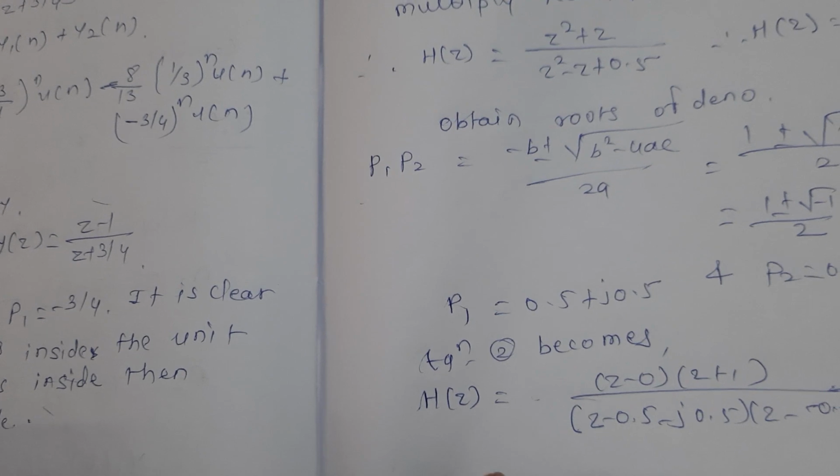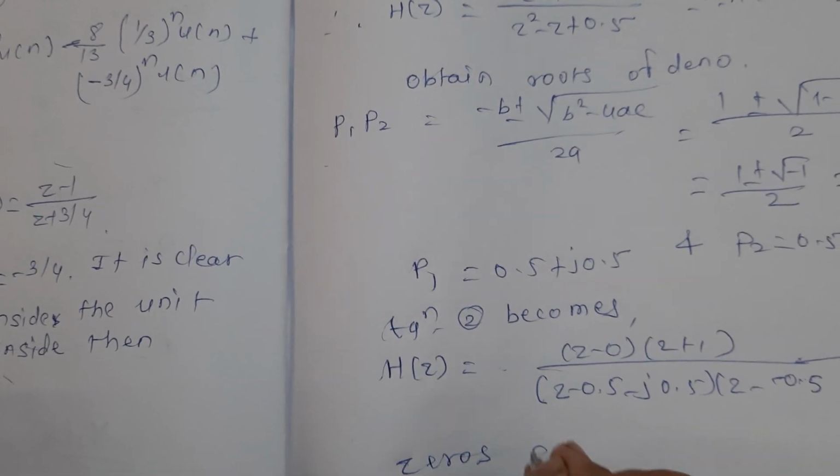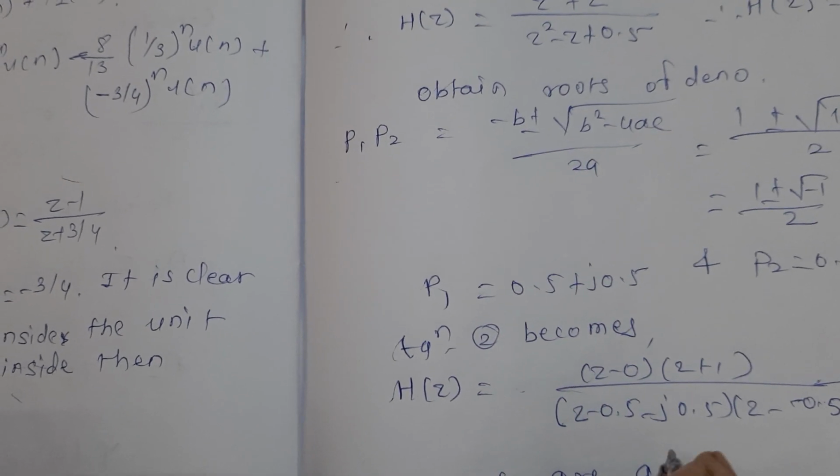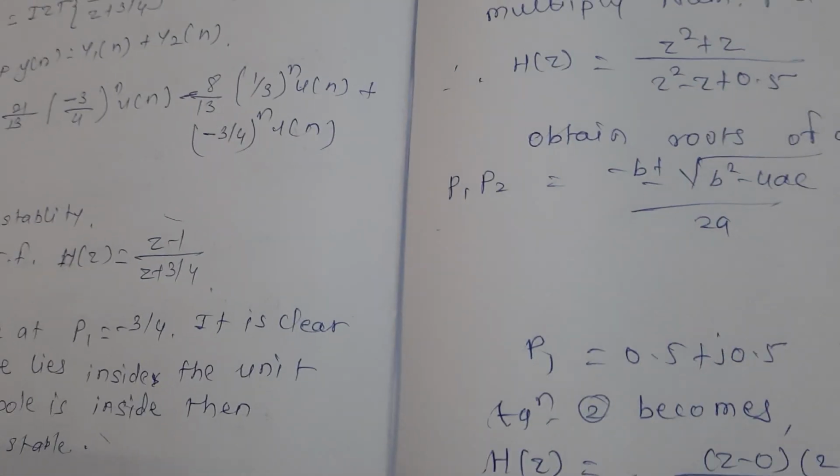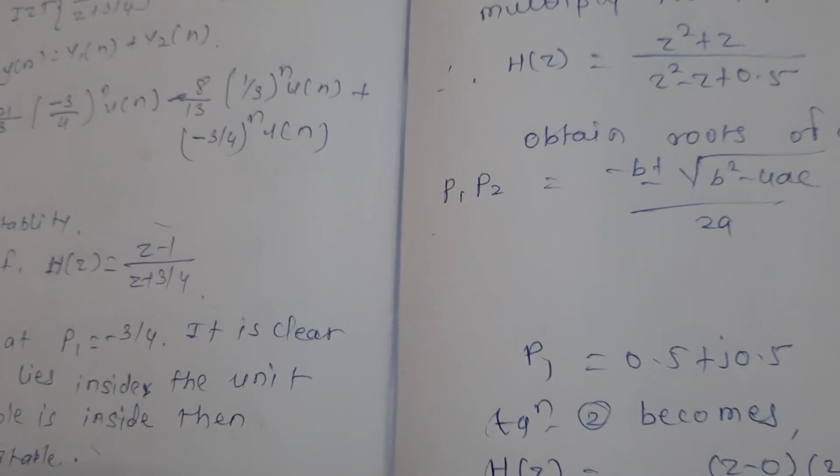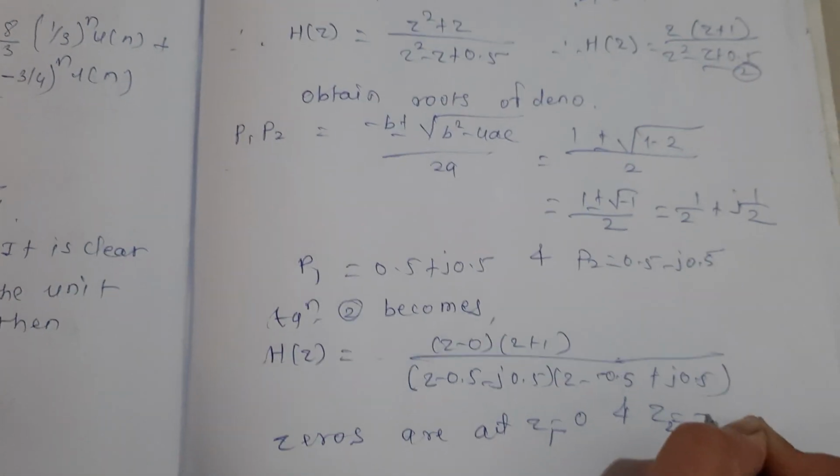Now the zeros are at z1 equal to 0 and z2 equal to minus 1.